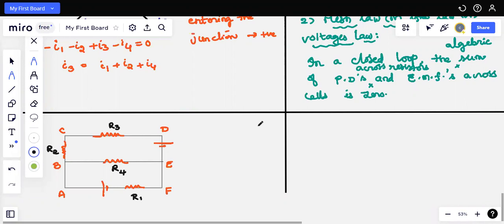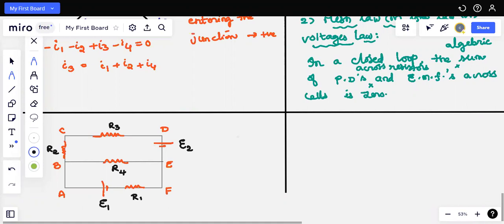And here the PDs across the cells, we call them EMFs. So I am taking the EMFs as E2 here and E1 here.